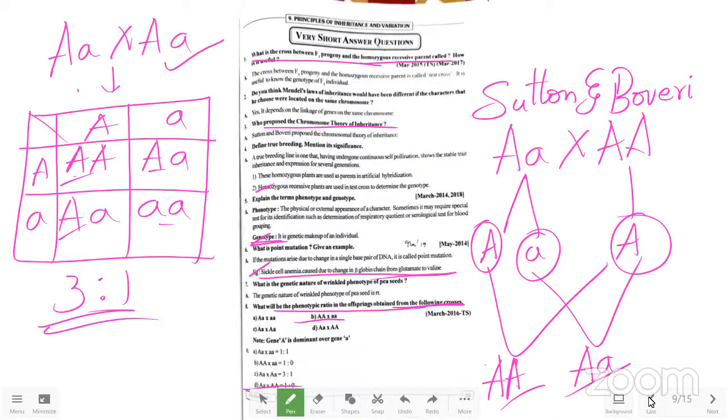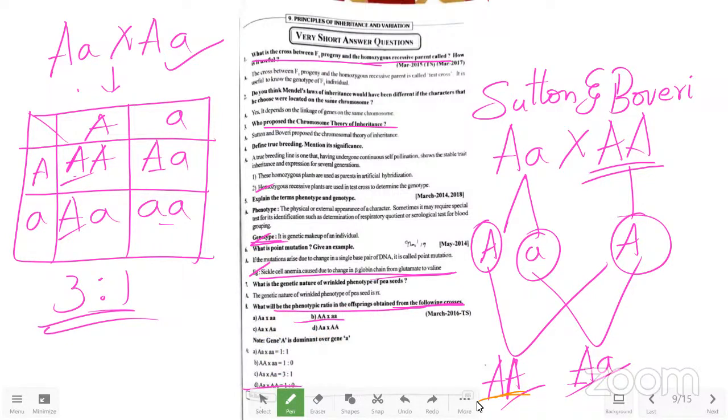So see here how to write these VSAQs, because when they are asking only the phenotypic ratio in the offspring, we should not say the other one in this homozygous condition. Only one gamete we will get. We cannot get two gametes. So in some material, by mistake, they have given the 1:1 ratio, because here this is the dominant phenotype.